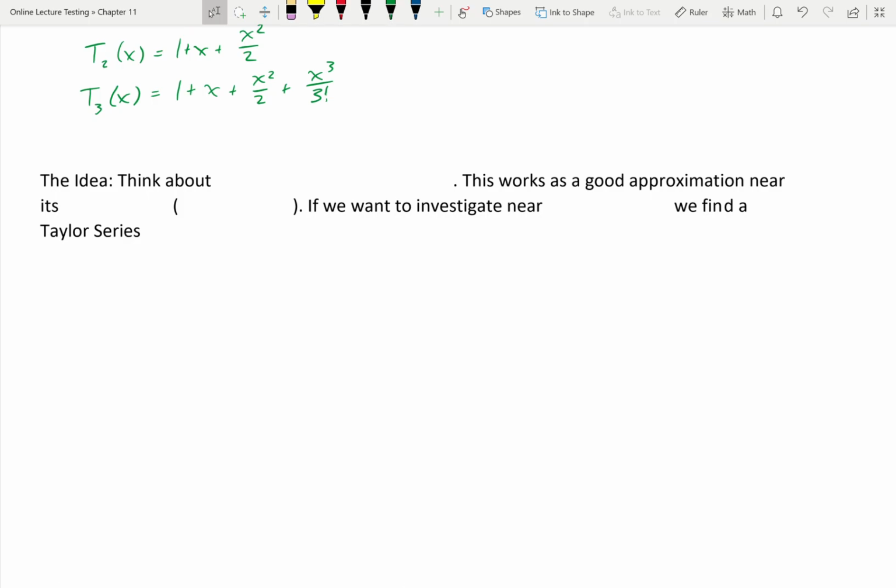All right, so think about in Calc 1 how we had linearization. The way I like to describe it is, think about being in a hot air balloon. We're going to kind of go the reverse course. So think about being high up in the air, or on top of a mountain or in an airplane or any high building where you can start seeing the curvature of the earth.